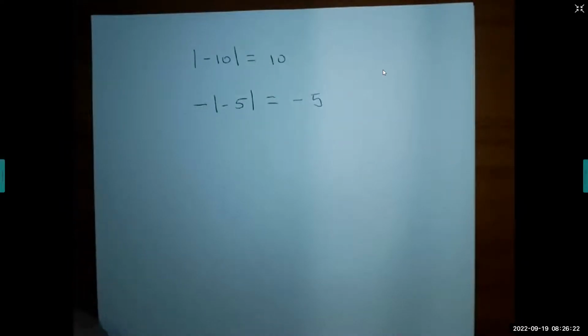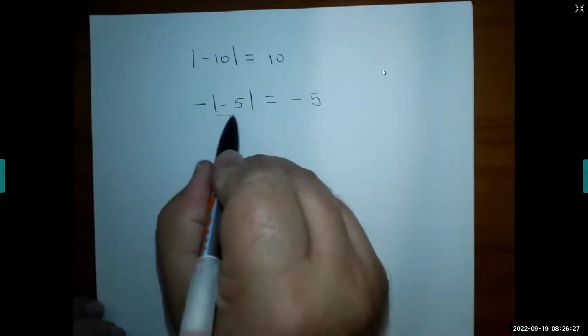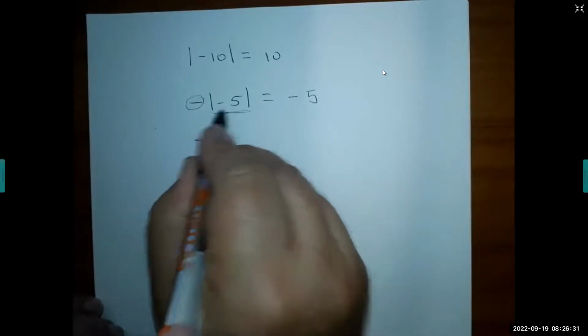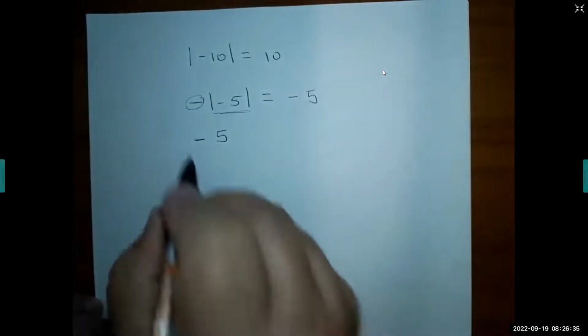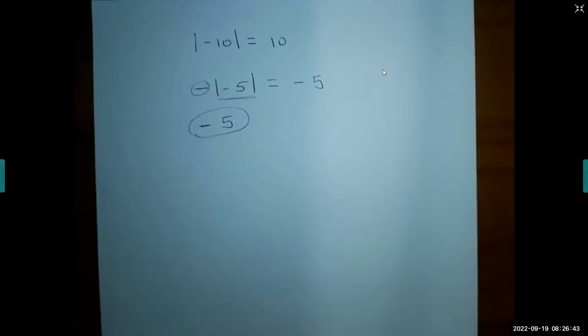Exactly. Yes, good point. Excellent. Order of operations. You have to do special operations first. So leave this alone. What's the absolute value of -5? And there's your answer. You have to treat them separately because absolute value is its own operation. Very good.